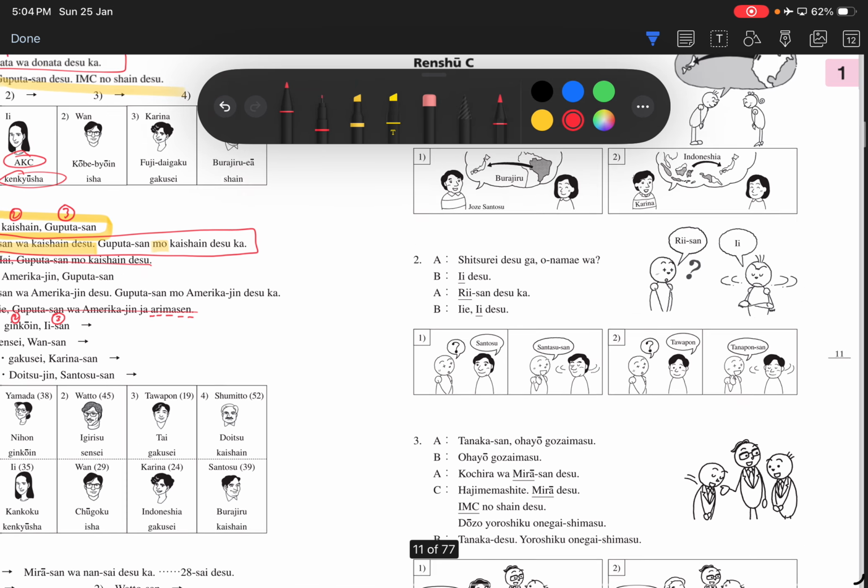You can go through them and review them by yourself. This is basically an extension of the conversation that we have practiced over here. They're just telling you the alternative things that we can substitute, like Indonesia, Karina, the name Karina and the name Indonesia. You can just substitute accordingly. Oh, you don't have this?